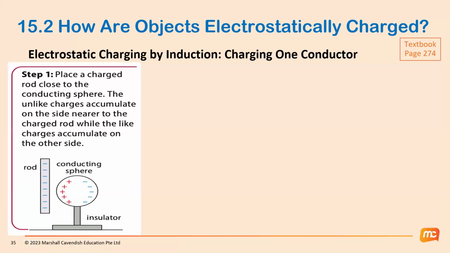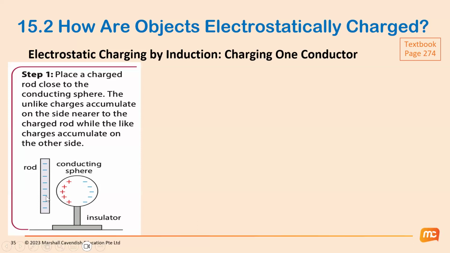The next one, we go into charging one conductor. If I only have one material that I want to charge, we do the same thing, charging by induction. We'll do an example with a negatively charged rod. I bring a negatively charged rod close to a conducting sphere, again placed on an insulating stand.